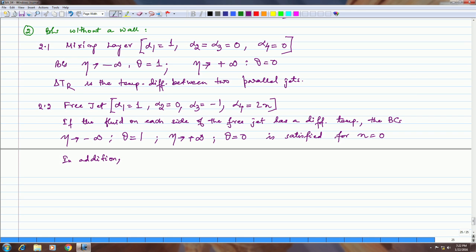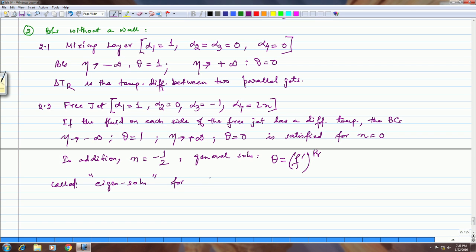Now, in addition to this, for n is equal to minus half, the general solution is raised to the Prandtl number, right, and this is called the eigen solution for the hot free jet.